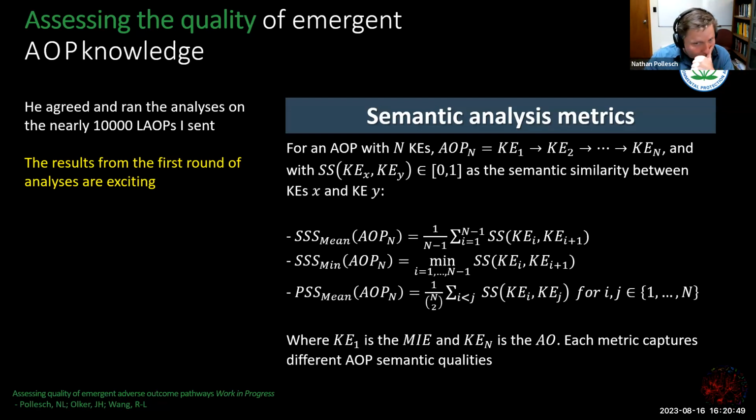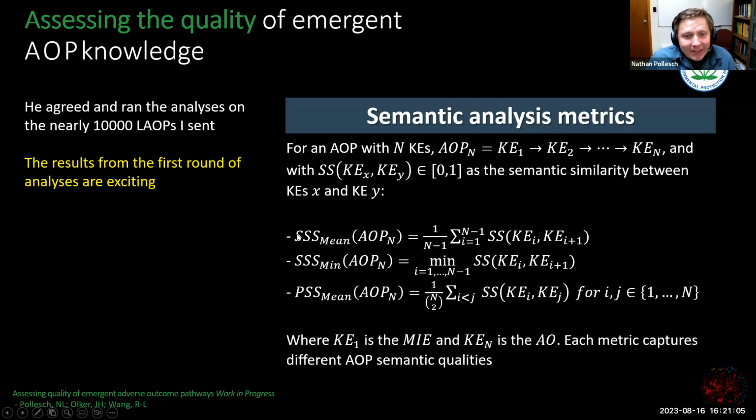And so this notation is a little bit heavy here, but essentially we looked at a couple of different things. And so the first one is this idea of sequential semantic similarity, tongue twisters throughout today.